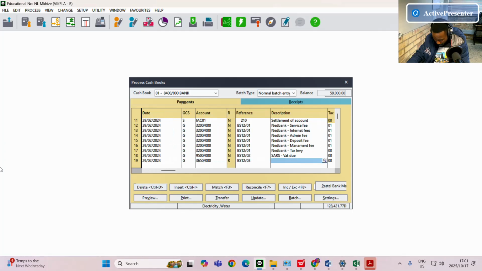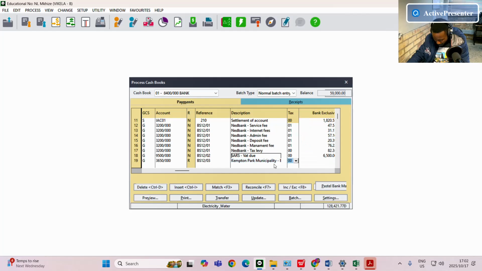Yes, number three is fine. Then we write the name of the municipality, Kempton Park Municipality. Let me just say E and W, the electricity and water.